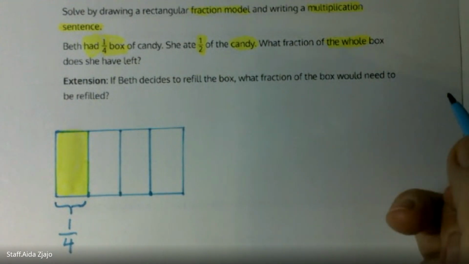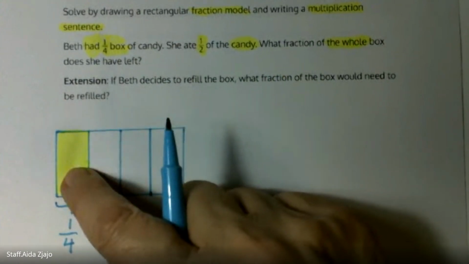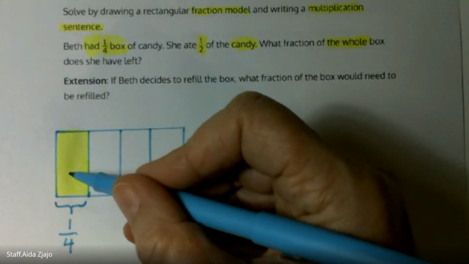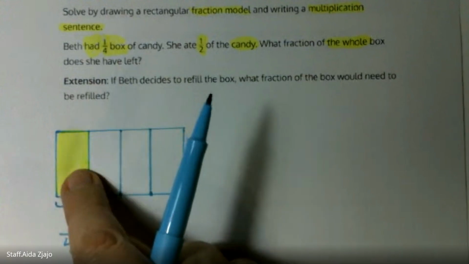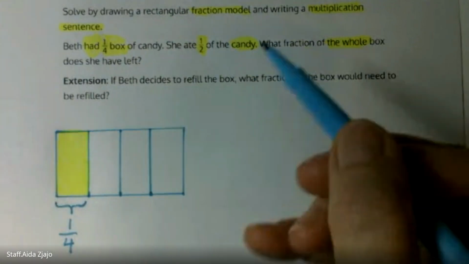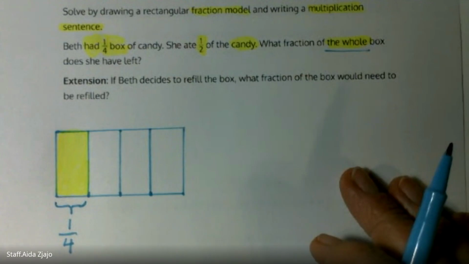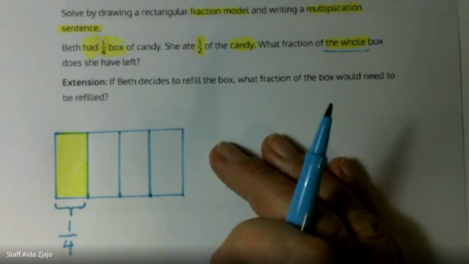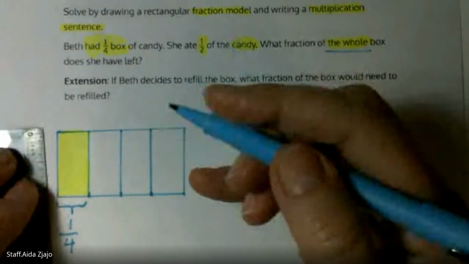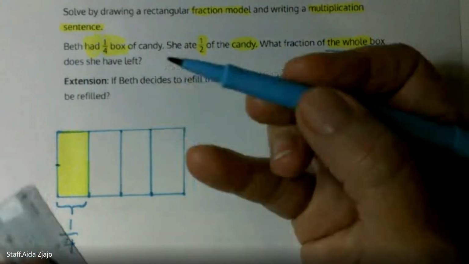But then she decided she's going to eat half of this. So this is a part, and she's going to eat part of this. She's going to eat half of that. But remember, we have to think about the whole. So when we go horizontally and cut this horizontally into 2 pieces, we actually have to cut all the way through.